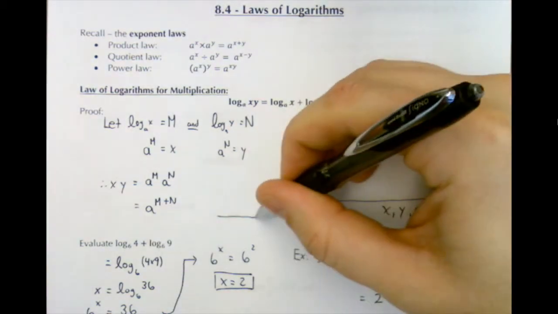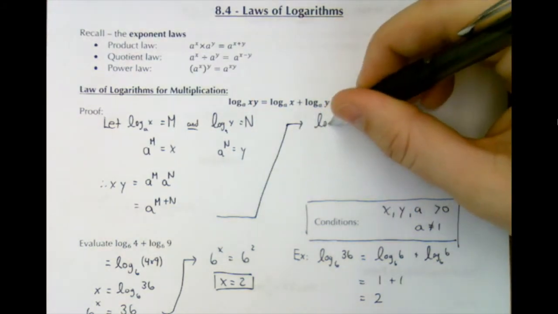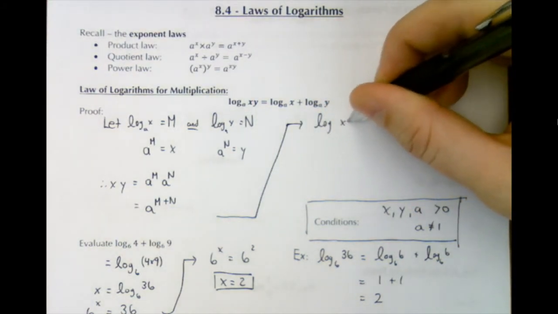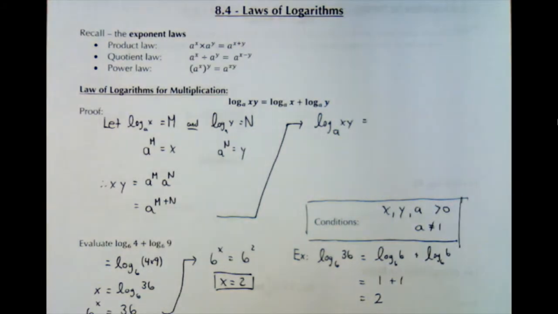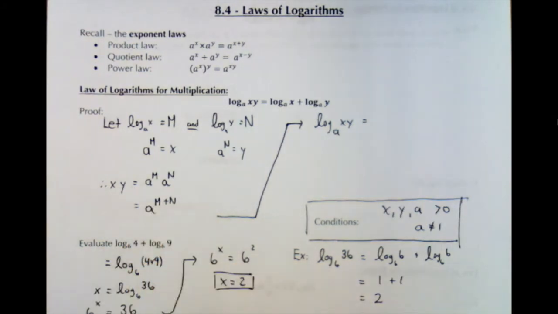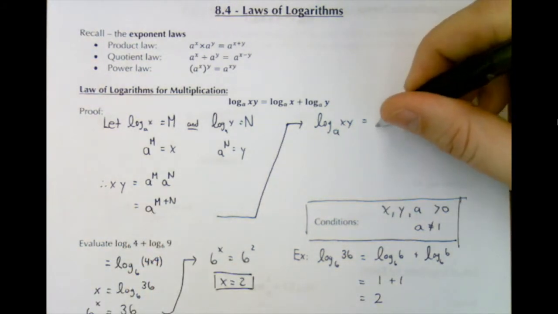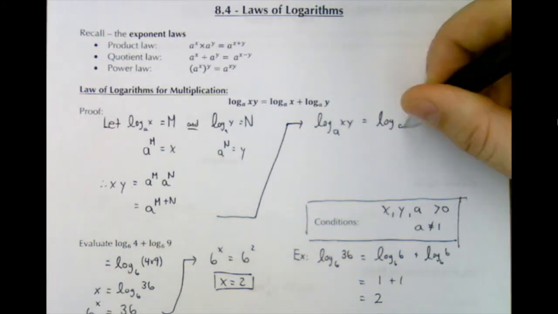Now, if we look at the left side, it says log of x times y base a. Well, what is x times y? x times y is a to the exponent m plus n. So we could rewrite that as log of a to the exponent m plus n base a.